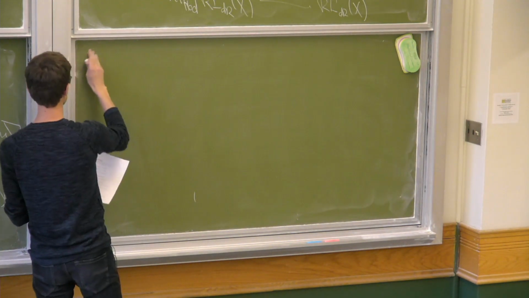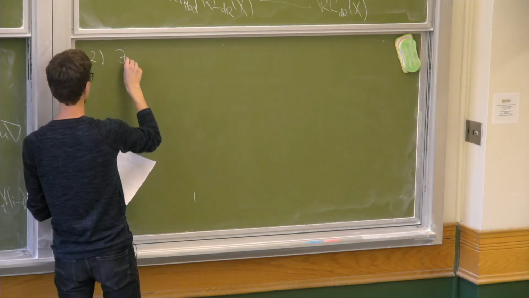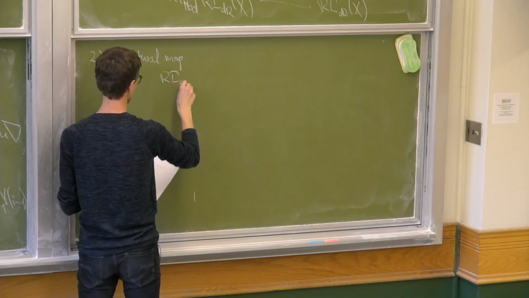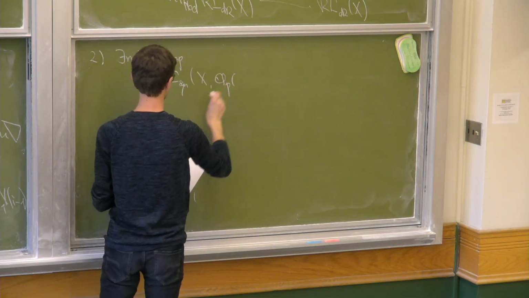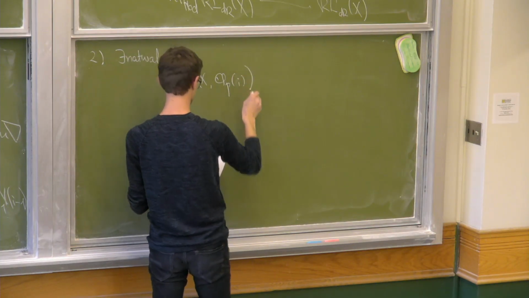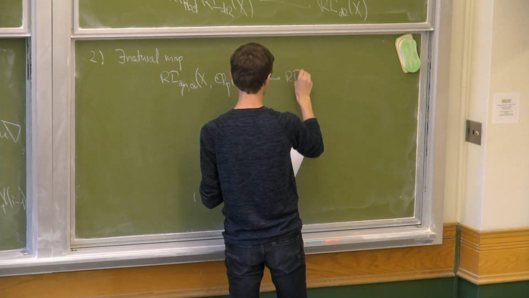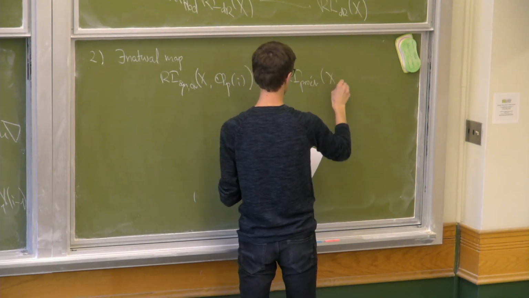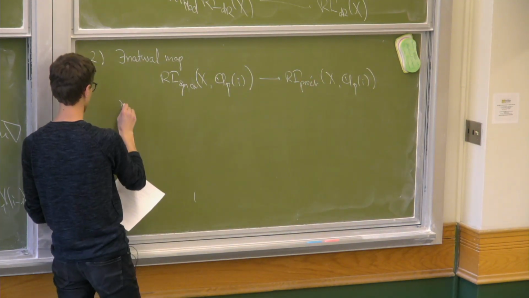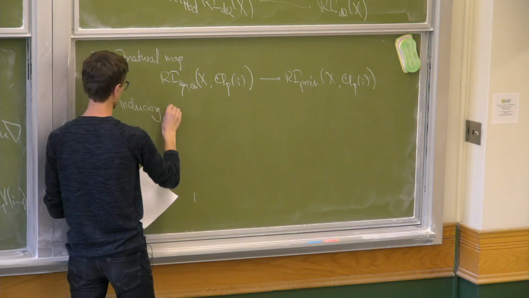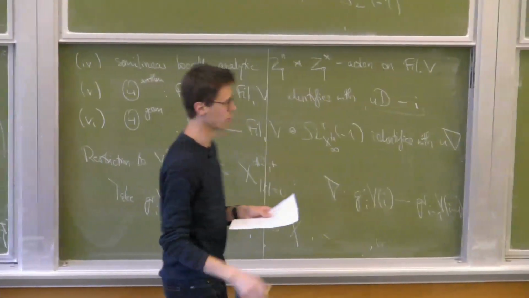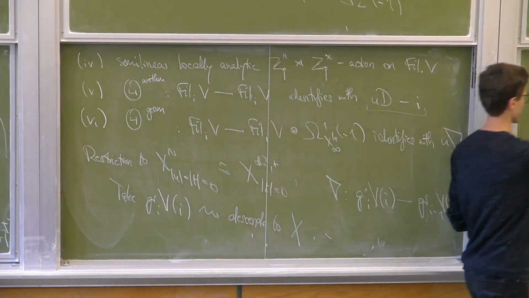So this is the first part, and the second part is that there's a natural map from syntomic homology in weight i to pro-étale homology of the ith Breuil–Kisin twist, and this induces an isomorphism if I truncate up to i, so in low degrees, depending on this i.